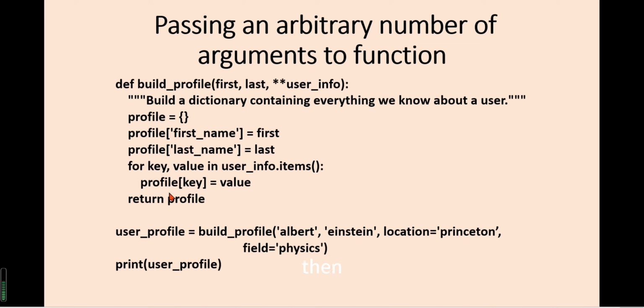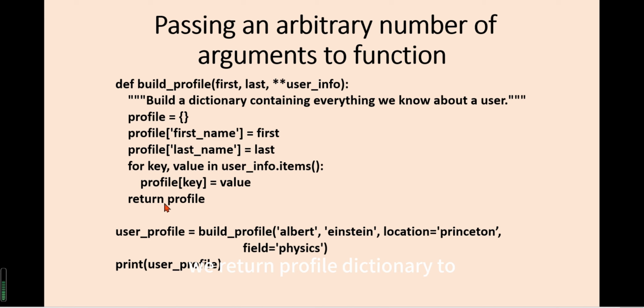Then for each key, value, we take this key-value pair and put it in the profile dictionary. So the profile dictionary's key is the key from user_info.items(). So actually there are two dictionaries. First is the user_info dictionary, and the second is profile.